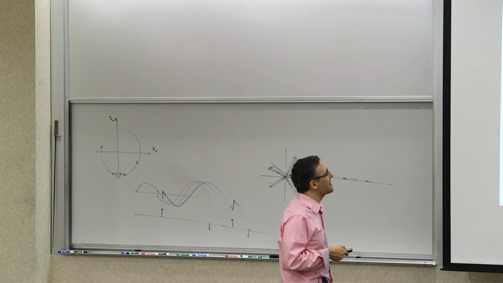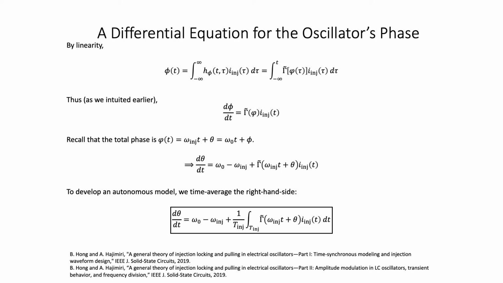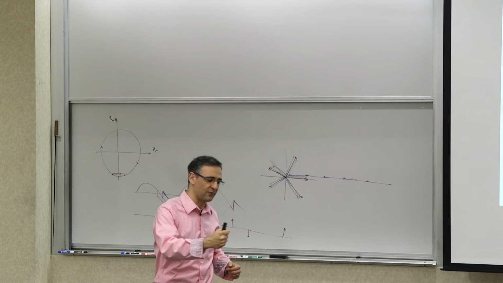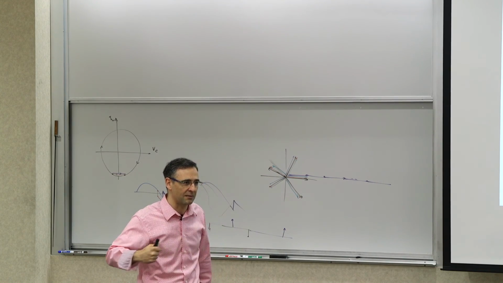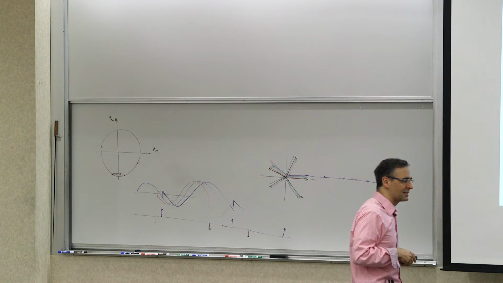And when you do that, you can write an expression describing the overall behavior of the oscillator. There's a differential equation that describes the deviation of the phase, which can be used to analyze the locking, or to analyze the pulling, where an oscillator is not exactly locked, but its frequency is deviating constantly back and forth because of this external perturbation. So it's resisting it, and it's not completely there.